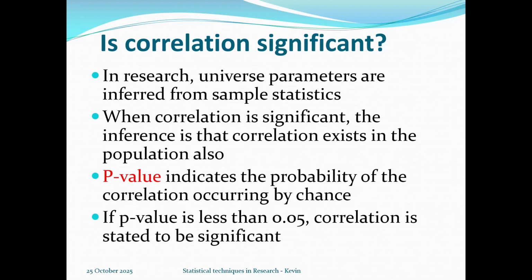Then there is only a very, very small chance of this correlation being insignificant or not applicable to the population. If you take 100 samples, in 95 samples the correlation will be there. So we can say this correlation is applicable to the population and not only to this sample.